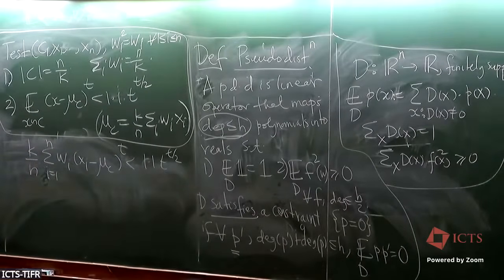So now if I find a pseudo distribution that satisfies these constraints, then we've argued by property 2 that all the entries of this matrix are non-negative. By a similar argument, you can show that they must sum up to exactly 1. Why should the entries of this matrix sum up to exactly 1?